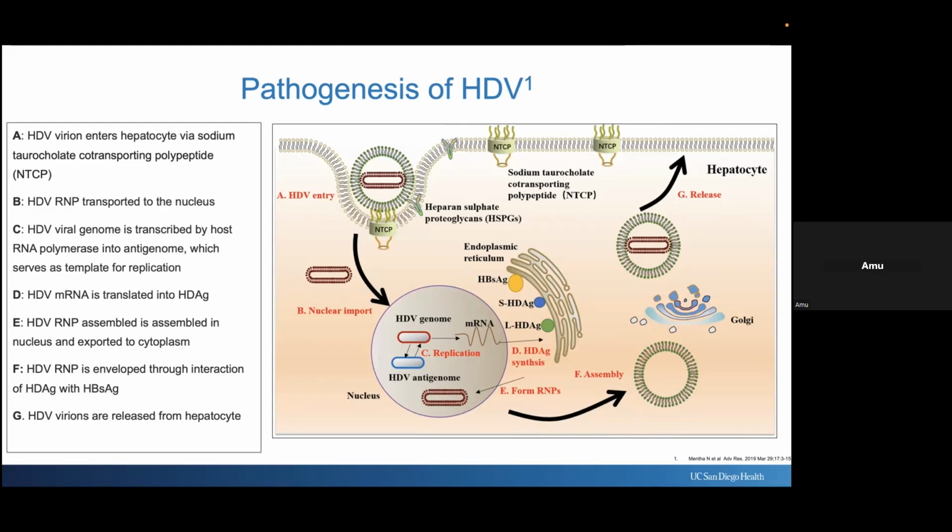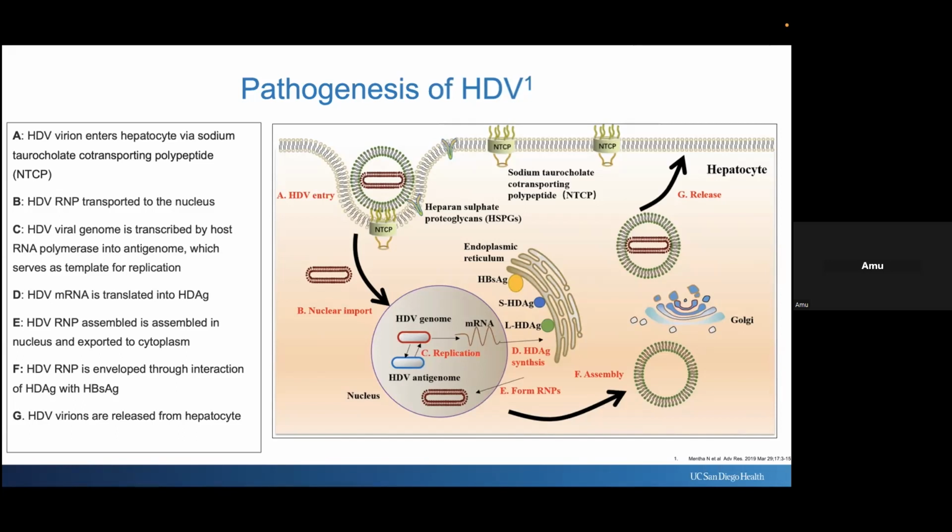Hepatitis D mRNA then gets exported to the cytoplasm of the hepatocyte, where it is translated at the endoplasmic reticulum to form hepatitis D antigen. Hepatitis D antigen returns to the nucleus, where it helps regulate more replication of hepatitis D from RNA polymerase. And the delta antigen also binds new genomic RNA to form ribonucleoproteins.